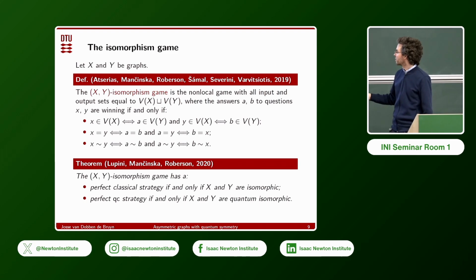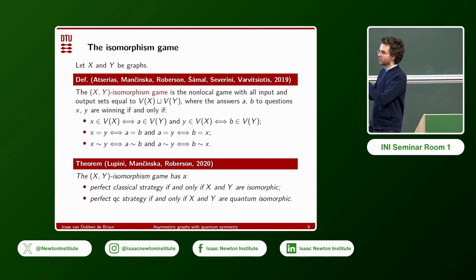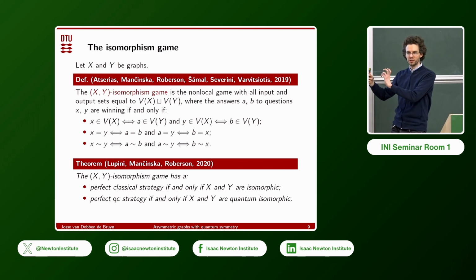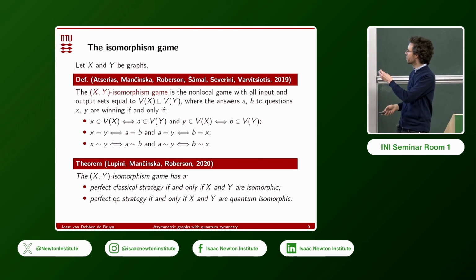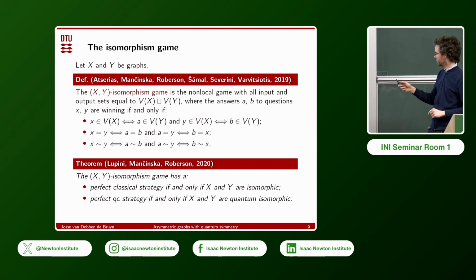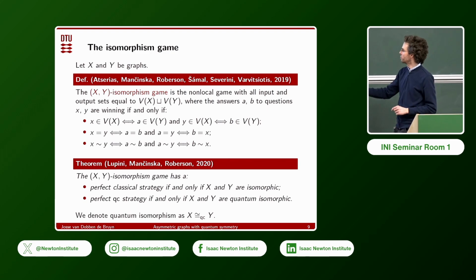There's a perfect classical strategy if and only if the graphs are isomorphic, and a perfect quantum commuting strategy if and only if the graphs are quantum isomorphic, where the definition was, remember, with this quantum permutation matrix that intertwines the adjacency matrices. And so we denote quantum isomorphism between graphs as this isomorphism in the QC model.